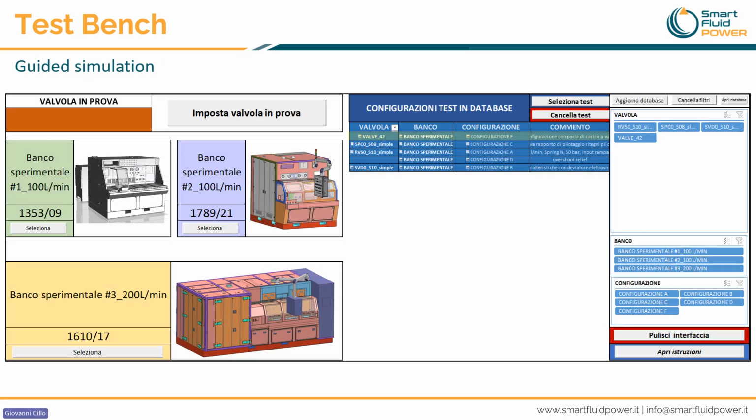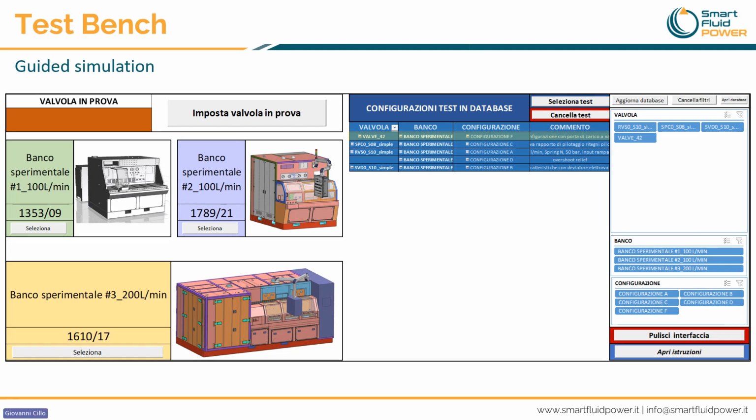Here you can see an interface that we developed for VIS Hydraulics that allows experimental tests to be virtually reproduced through a guided workflow. The key advantage is that simulations can be launched quickly, even without directly accessing Pneumodelica, by simply selecting the test bench, the valve under test, the configuration, and also the operating conditions.